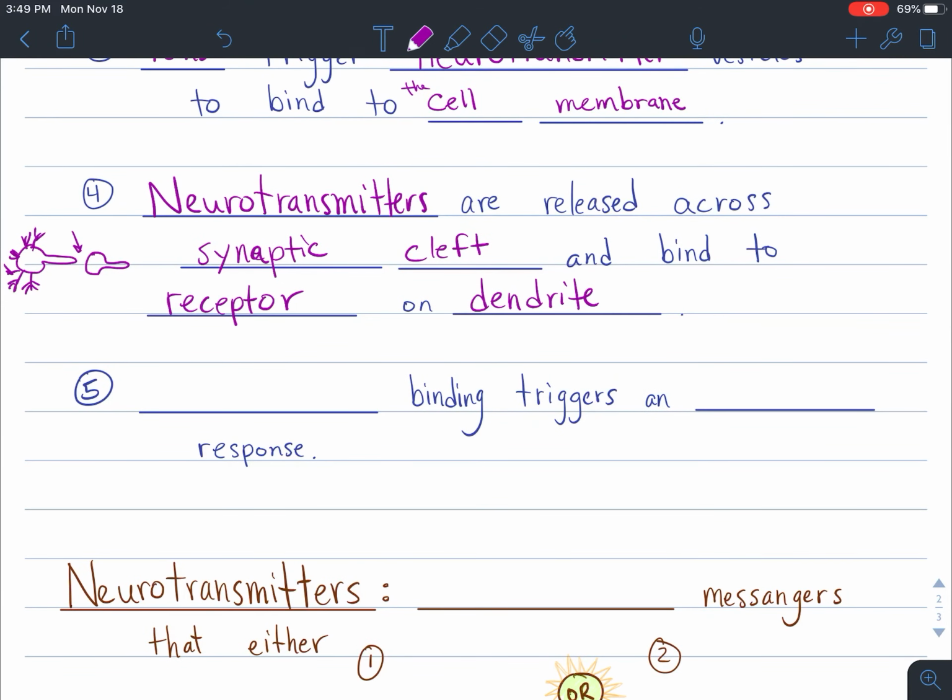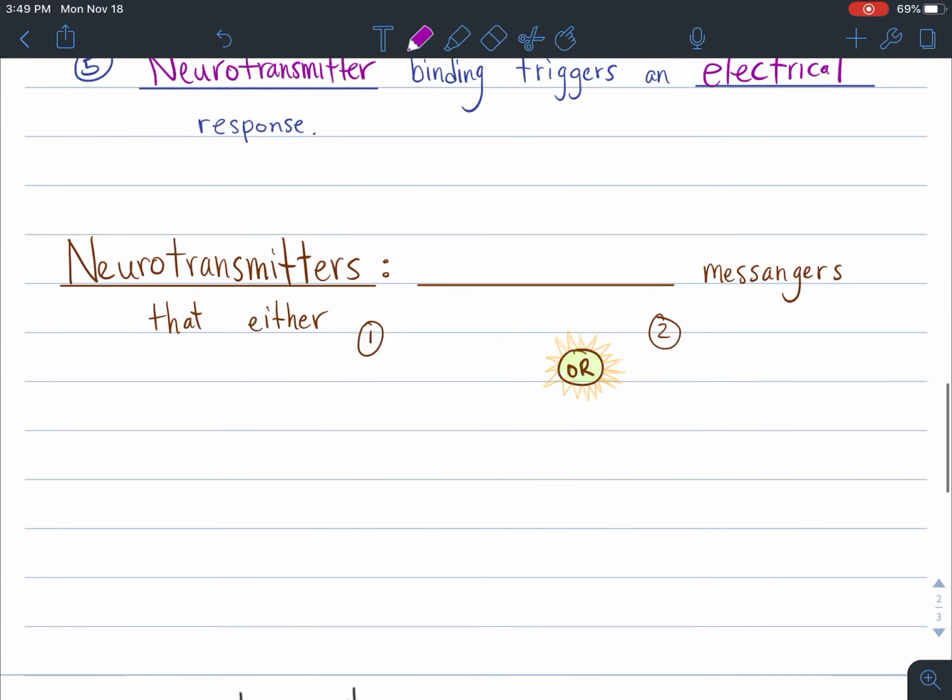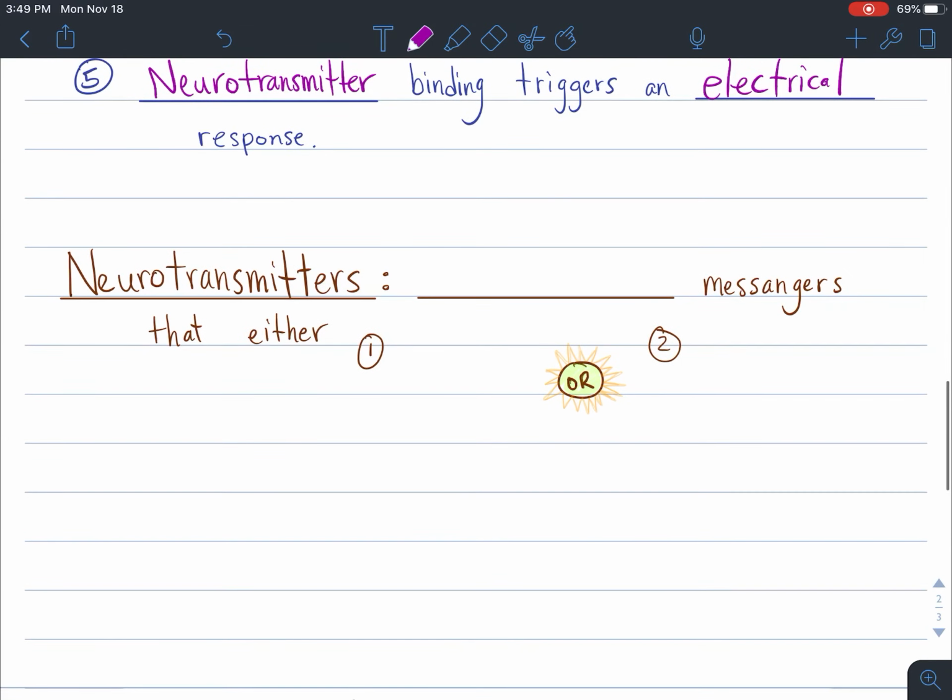The 5th and final step then is just that those neurotransmitters, those chemical messengers, those binding triggers an electrical response. So we go from electrical at the beginning, chemical once neurotransmitters are involved, back to electrical at the end. So I was talking about neurotransmitters a bunch, so let's just define those.